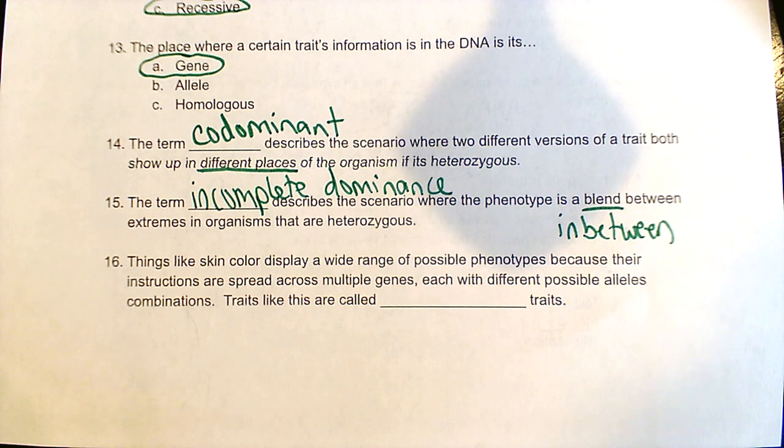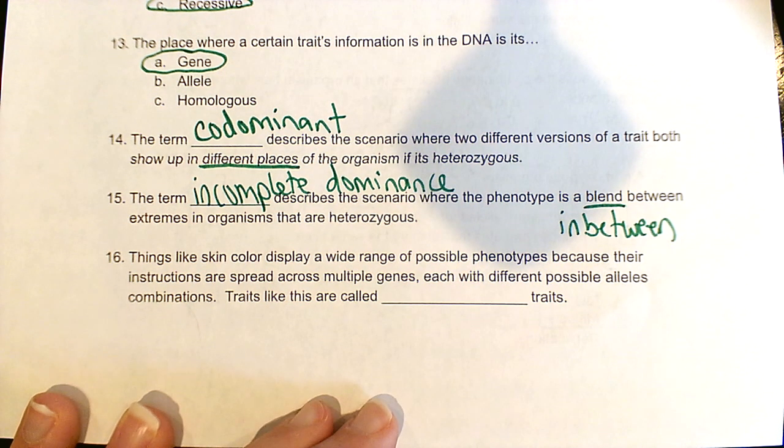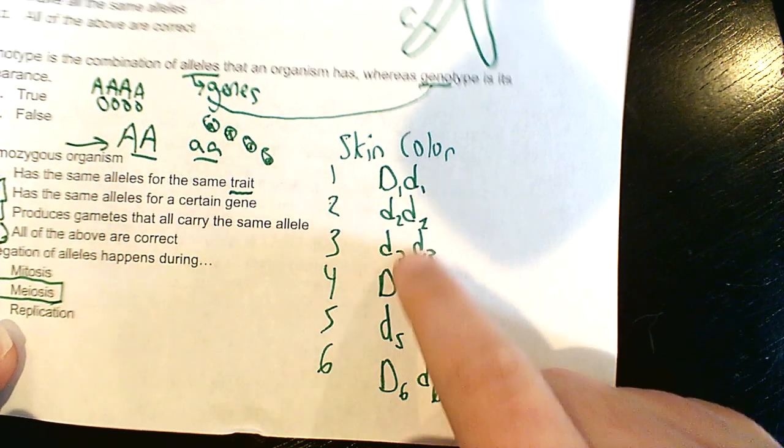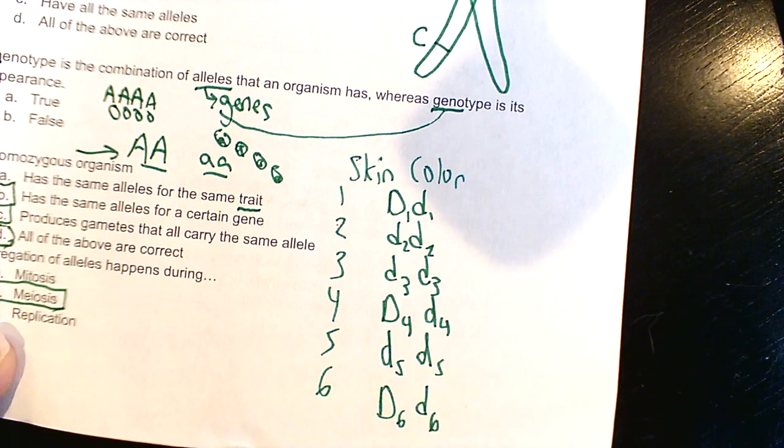All right, and last question. Things like skin color display a wide range of possible phenotypes because their instructions are spread across multiple genes, each with different possible allele combinations. I just talked about skin color. Okay, so we've got these different genes that each have instructions that contribute to one trait.